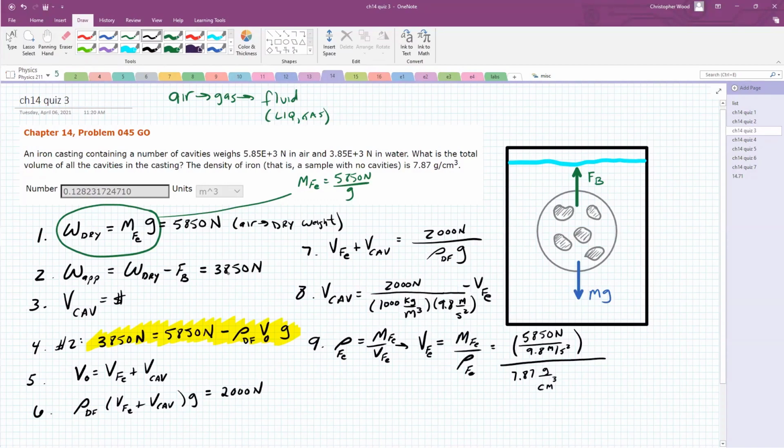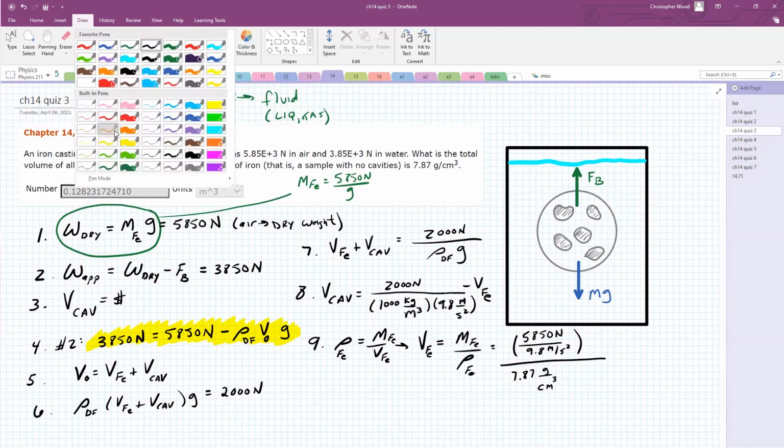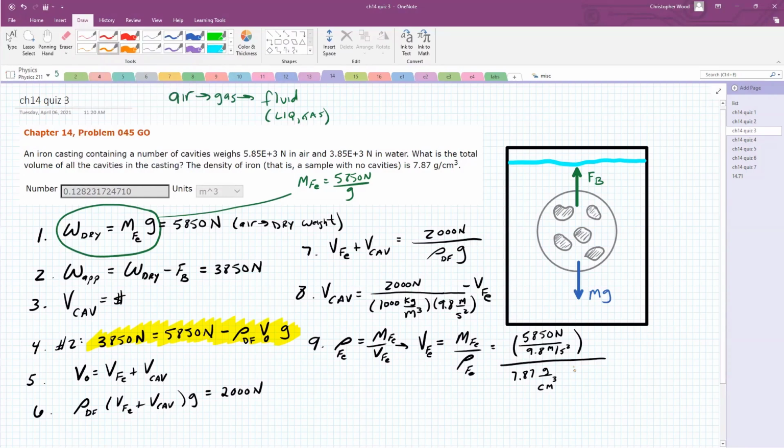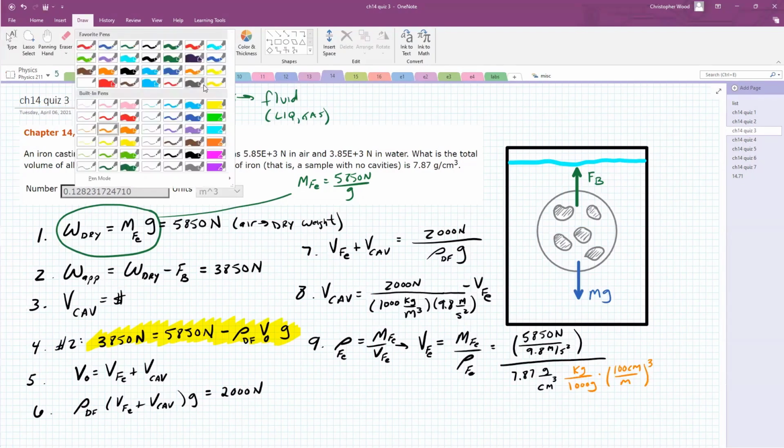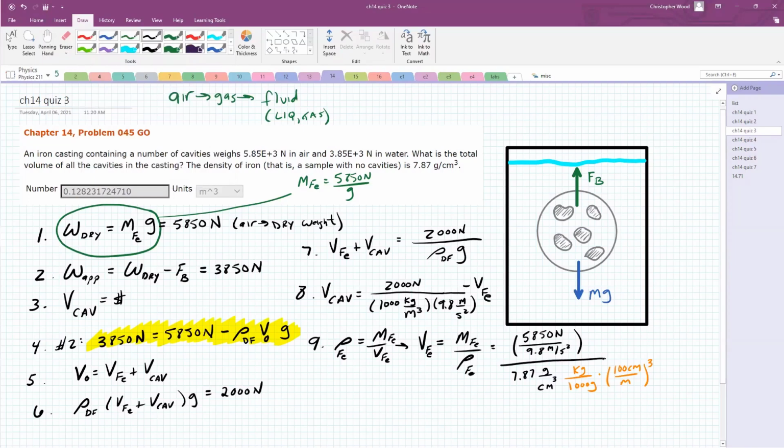And I have to live in the world of cubic meters because it's expecting an answer in terms of cubic meters. So here's the conversion factor. I'm going to convert by saying there's 1 kilogram per 1,000 grams. And I'm going to remember that there's 100 centimeters per meter, but then I need to cube it because I'm dealing with cubic centimeters and cubic meters. This is a lot of crazy stuff, but I'm going to get a volume value here and just put it in my calculator memory location.